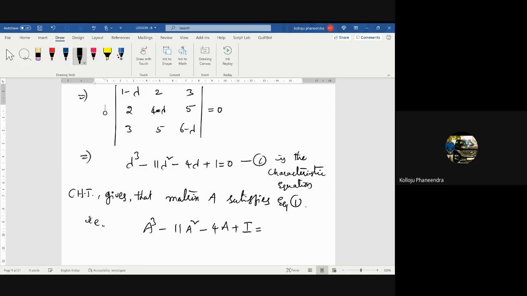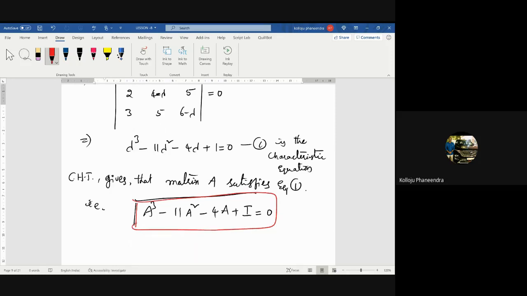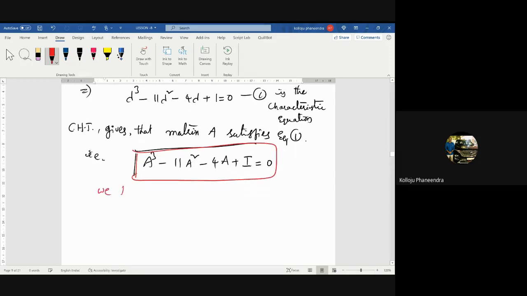In place of 1, I have to write I. This is the Cayley Hamilton theorem. Verify Cayley Hamilton theorem means we have to prove this equation. That is our duty here.